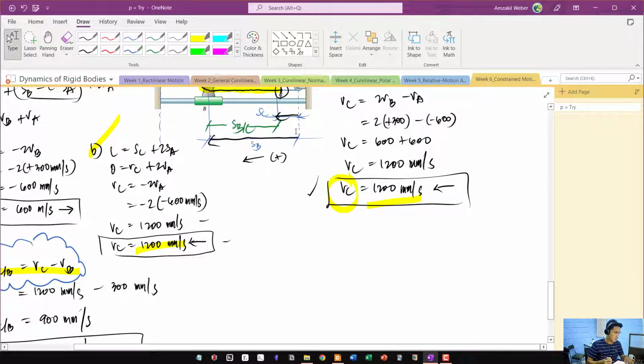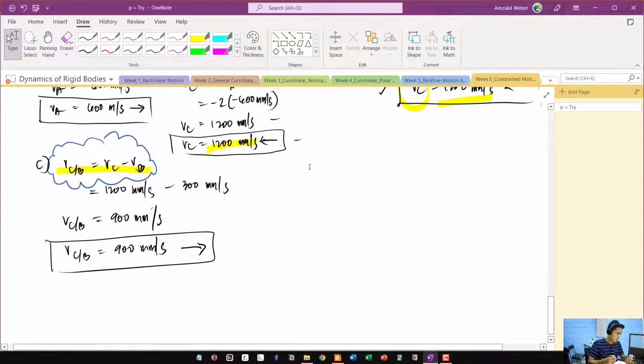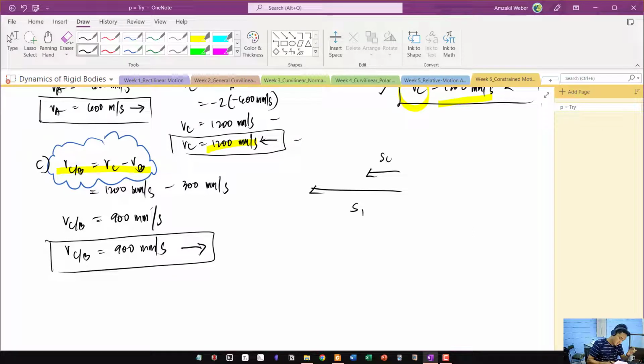If you isolate them, this should be SC, this should be SB, and the question is SC/B, meaning the arrow should come from the head of B. So that should be to the right.